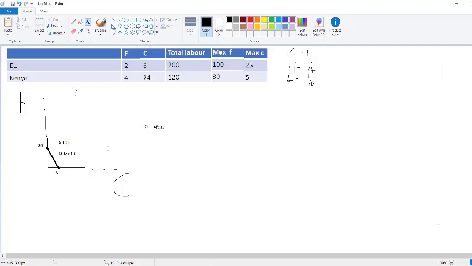So if something is getting cheaper, then on the other side something is getting more expensive. So what happened now? Previously, under the normal production process, you have to sacrifice 6 food to produce 1 carbon. The world price now, or the price inside Kenya, is 4 foods for 1 carbon.